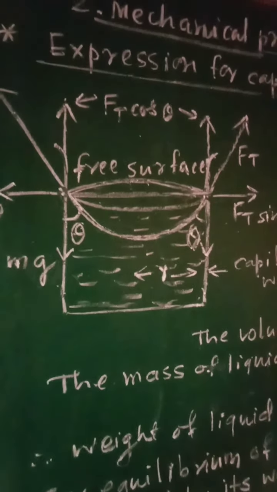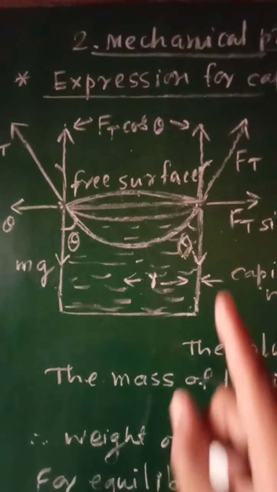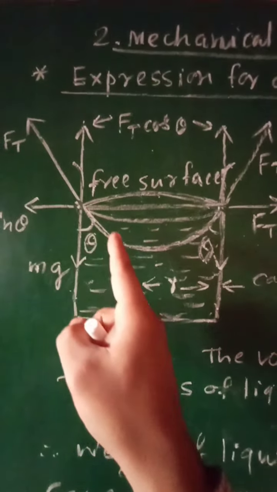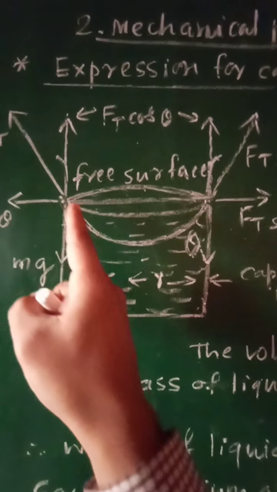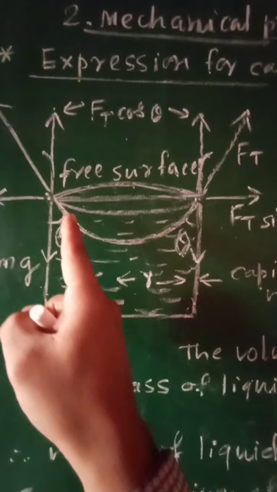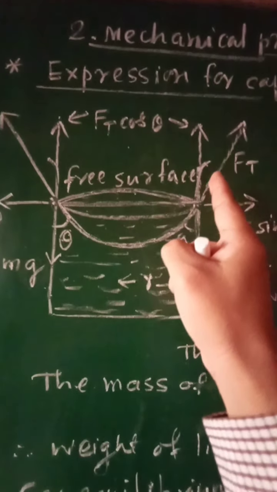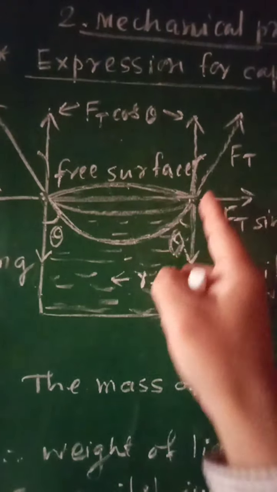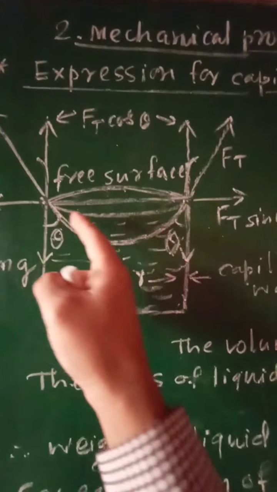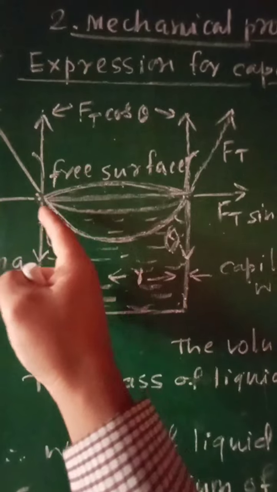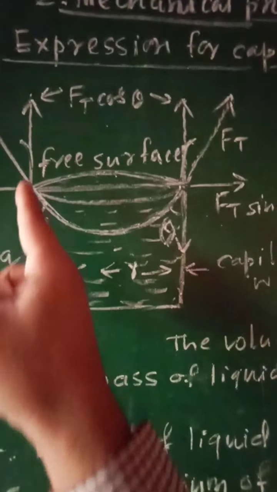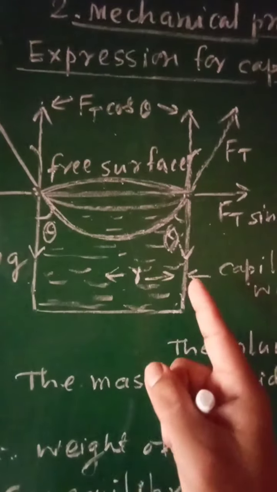Now when such a liquid column is formed, at that time the force due to surface tension will be acting tangential to that surface at the point of contact between the solid and the liquid, and therefore the circular portion of this liquid will be in contact with the inner edge of this capillary.